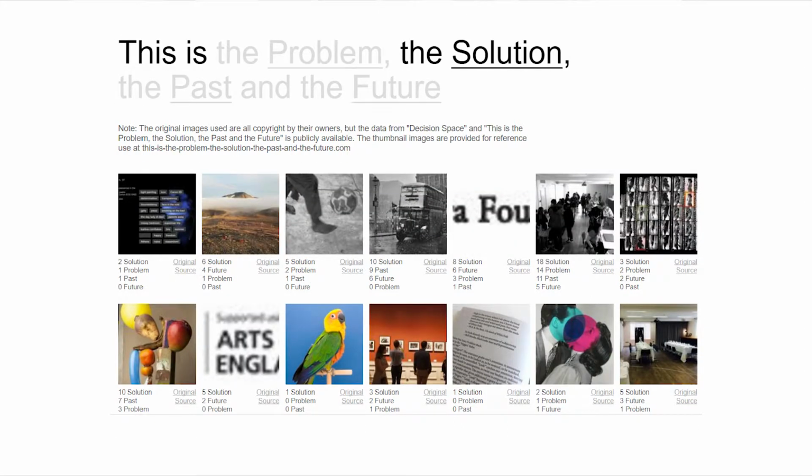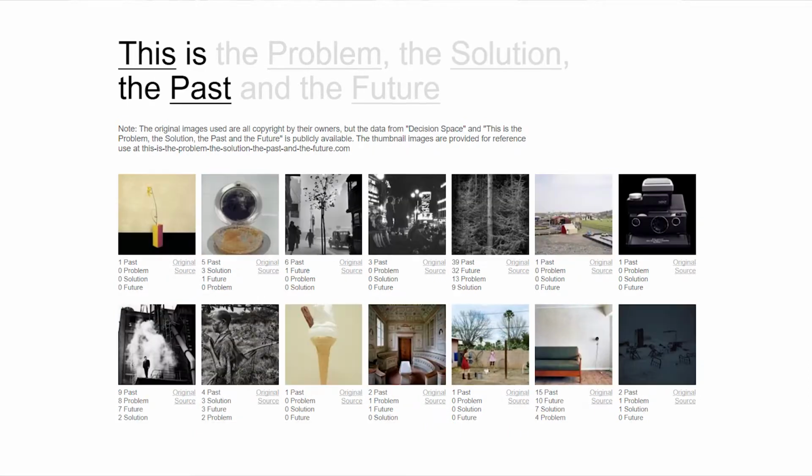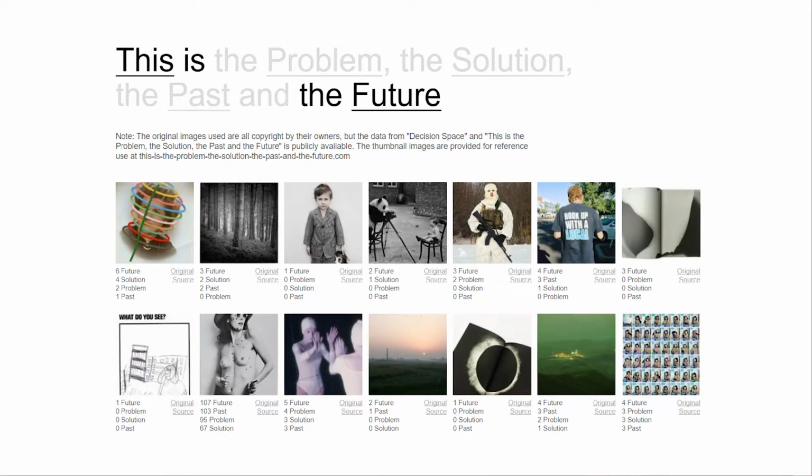In terms of the solution, you sometimes get Arts Council England or a parrot. If you think about the past, you get anything from ice cream to sofas. And for the future, you have people with guns and solar eclipses.